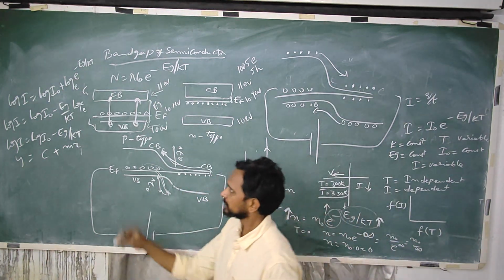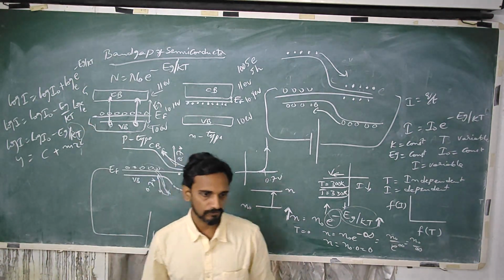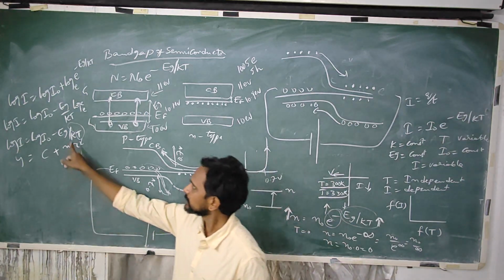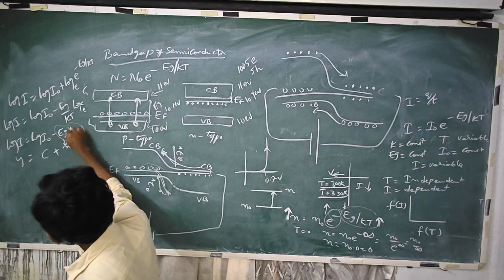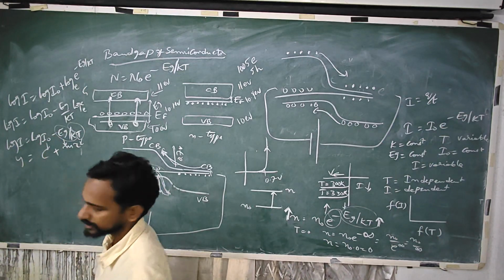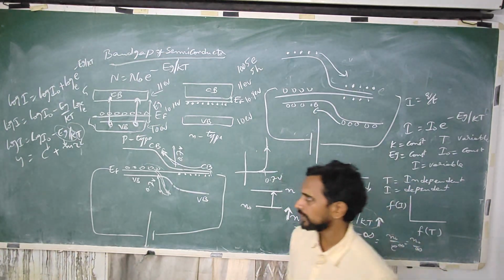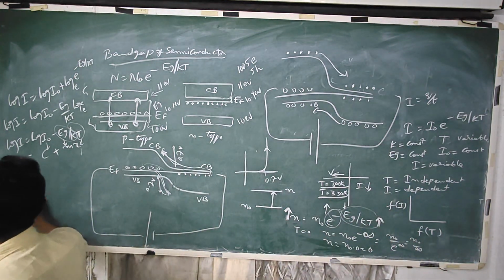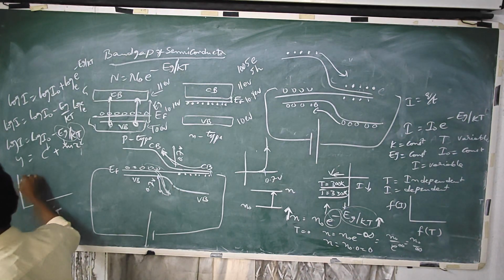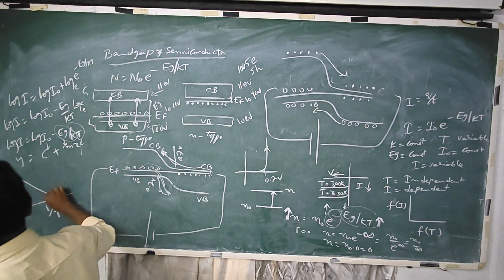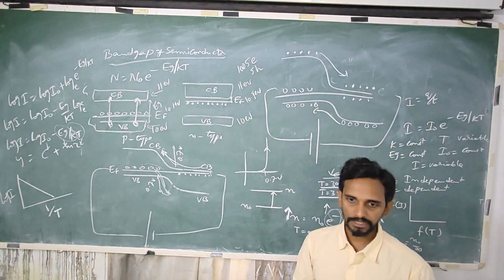So here 1 by T takes the role of x. Minus Eg by k is the slope. Log I naught is c. So you have a negative slope here. So if you draw a graph between 1 by T versus log I, you get a straight line with positive y-intercept and negative slope.